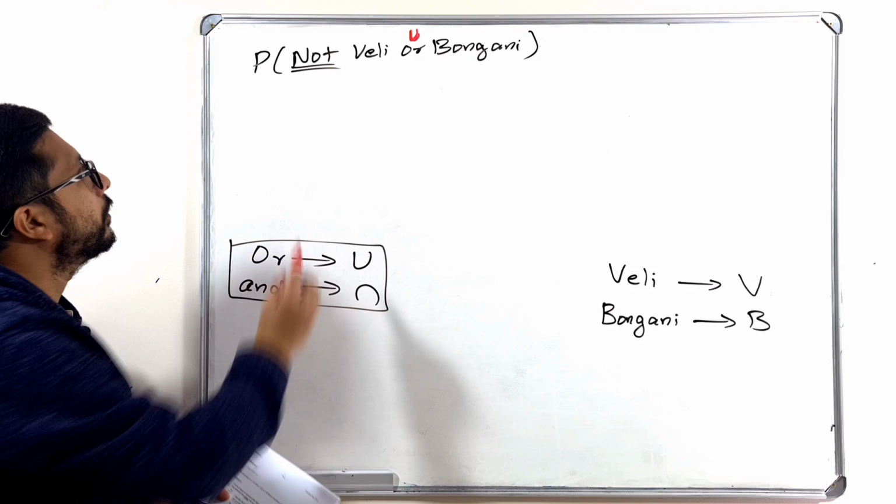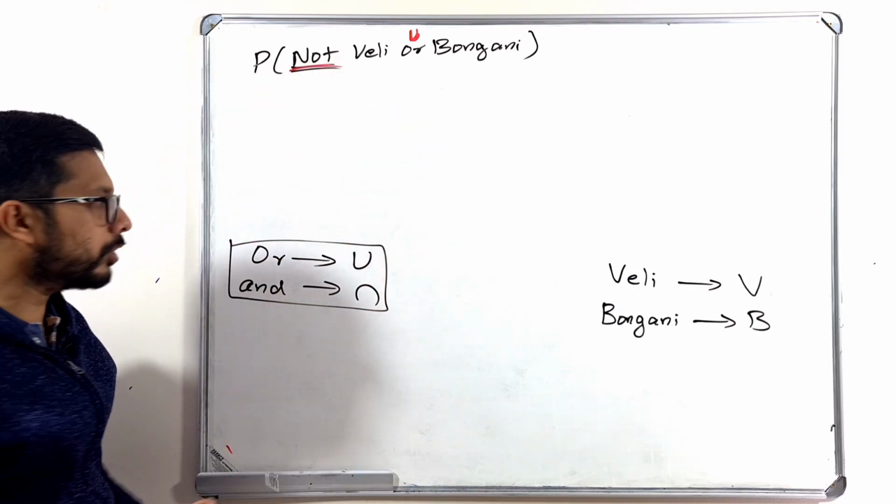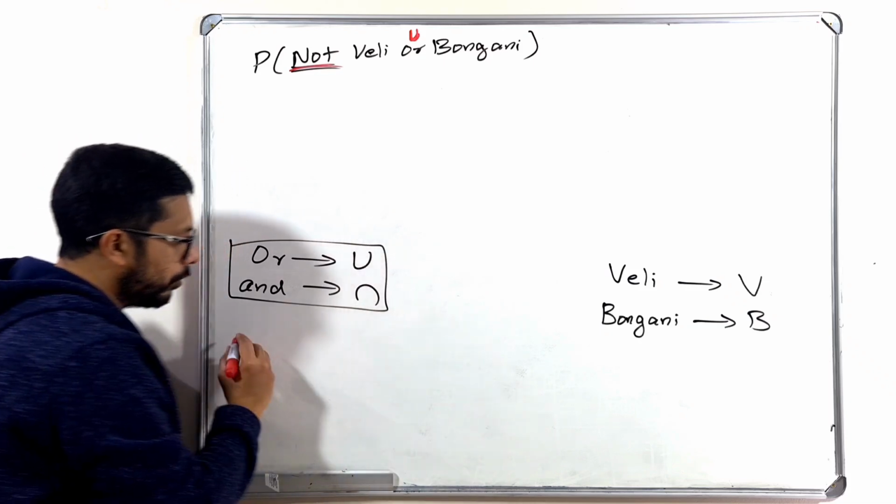Then not. What is the meaning of this one? How can we represent it in probability? Not means complement events.